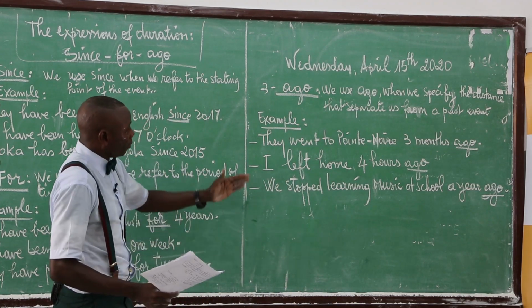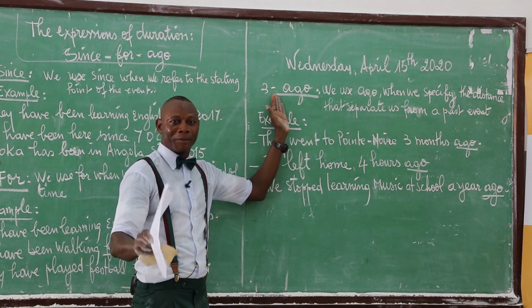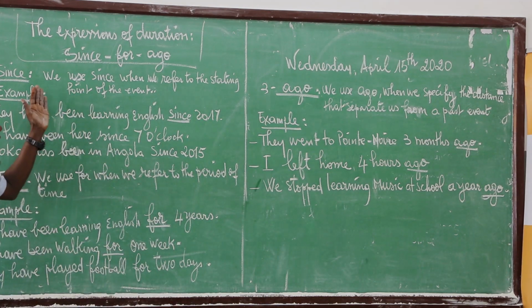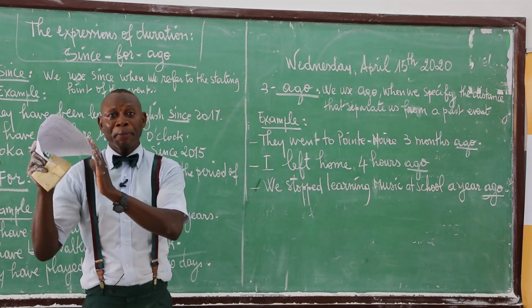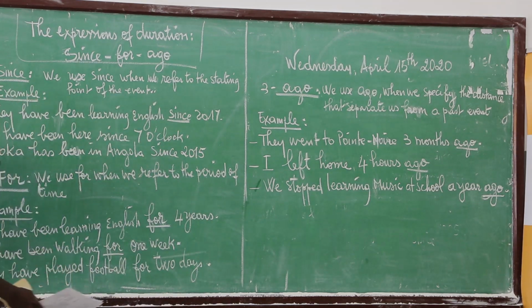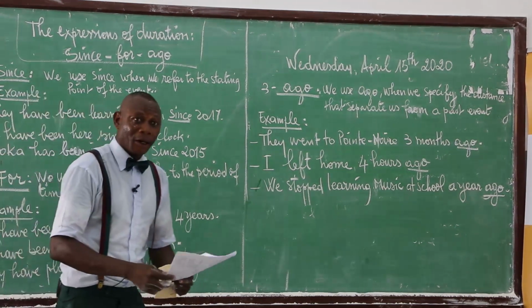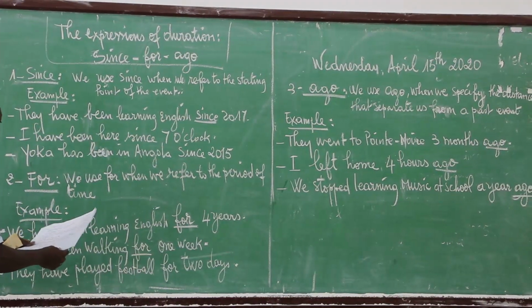So remember that with ago, the verb is in the past simple. And with since, we have the perfect tense. It may be the present perfect simple or the present perfect continuous, and you may find it in other tenses. Okay? So, good.